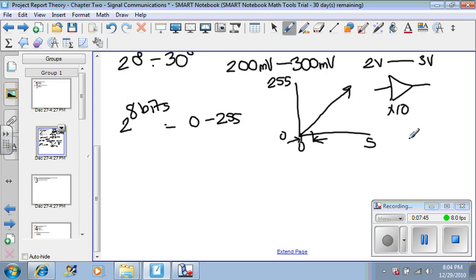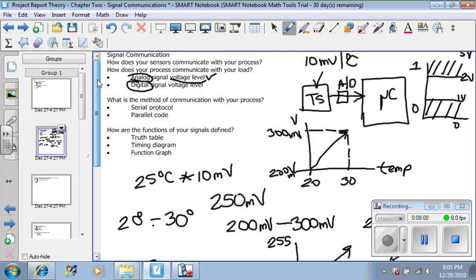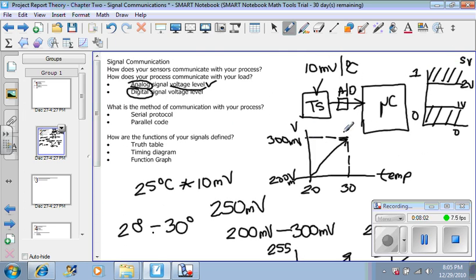At least I have a 1 volt difference, which is 1/5 of the distance. And that gives me a better resolution for my temperature. This is part of your understanding of the signal conditioning or communication between the temperature sensor and the microcontroller.